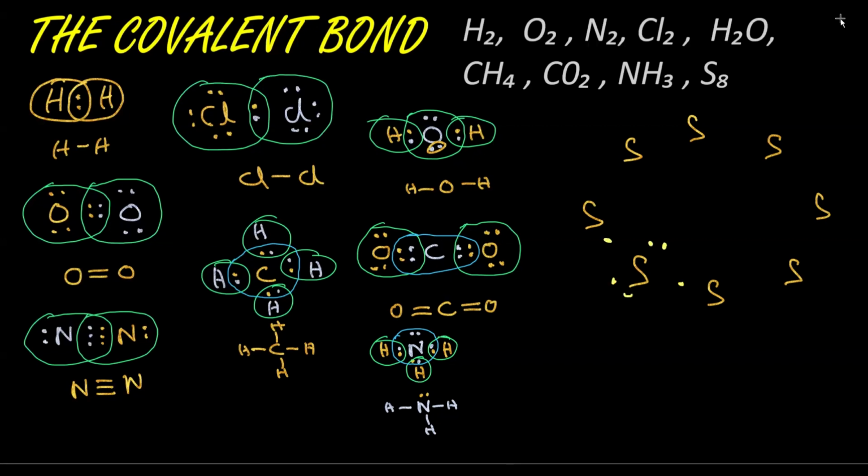Same way, from here you can count, 1, 2, 3, 4, 5, 6. This sulfur will keep one electron here, 2, 3, 4, 5, 6. This sulfur has 1 here, 2 here, 3 here, 4 here, 5 here, 6 here.